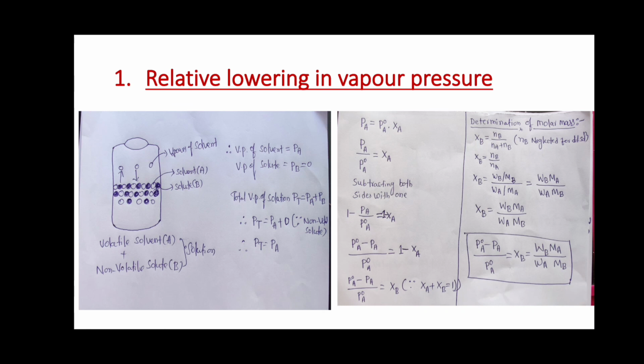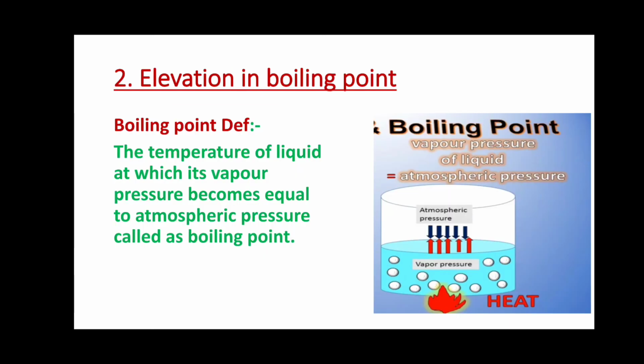After this mathematical conversion, it is converted into the previous equation: P naught A minus Pa by P naught A is equal to 1 minus Xa. So by adding solute particles, we can decrease the vapor pressure.